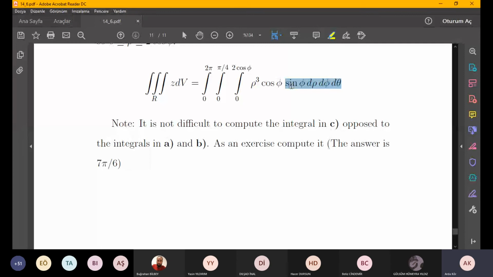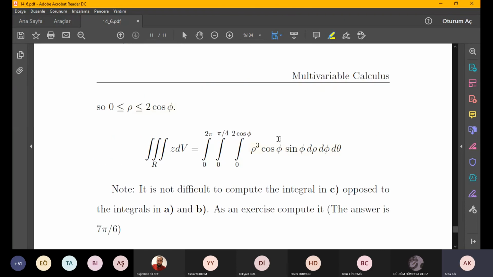So this will represent f times dV in spherical coordinates, and we already found the limits of integration with respect to rho, phi, and theta.